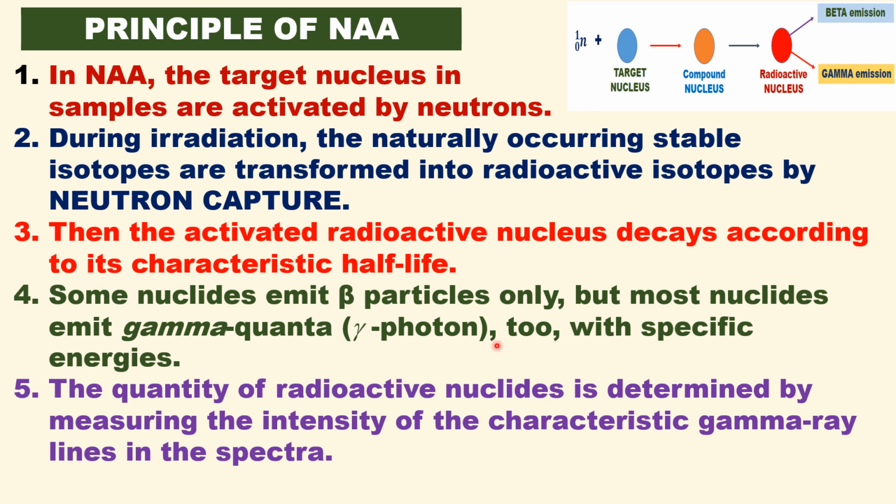Each element will give a gamma ray photon of specific wavelength. And the quantity of radioactive nucleus is determined by measuring the intensity of the characteristic gamma ray, or from the height of the peak in the gamma ray spectrum. We will see in the next slide.